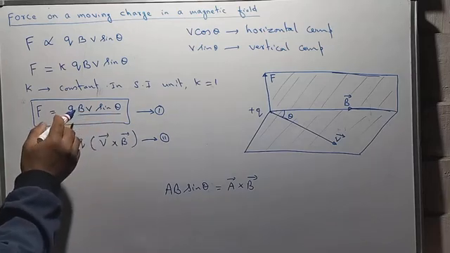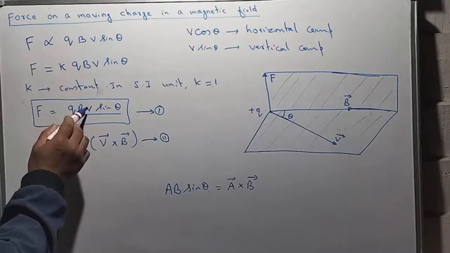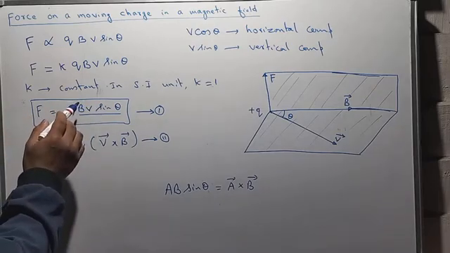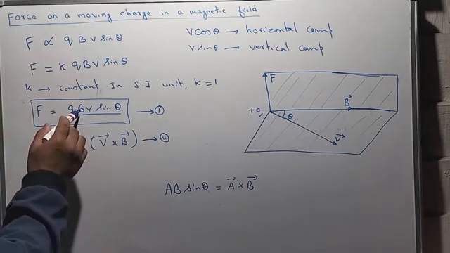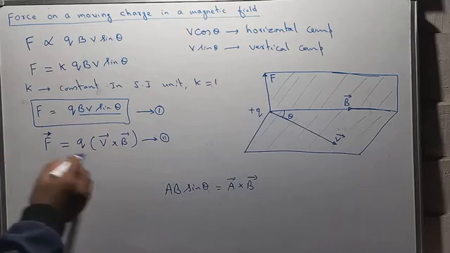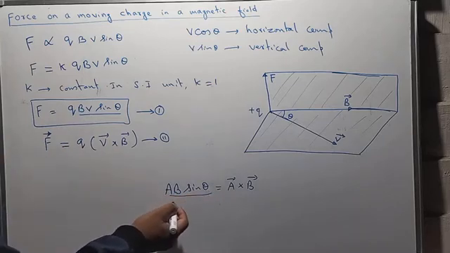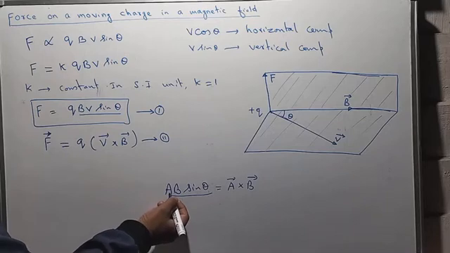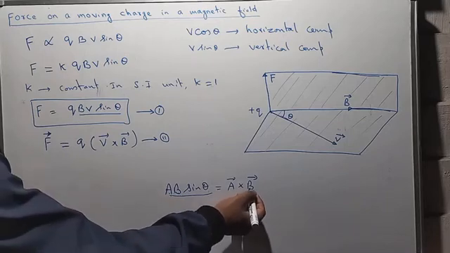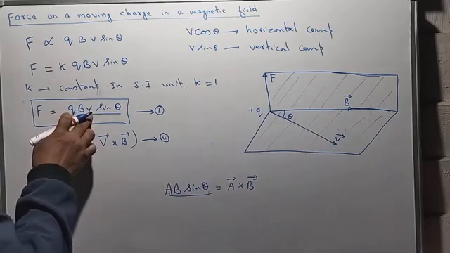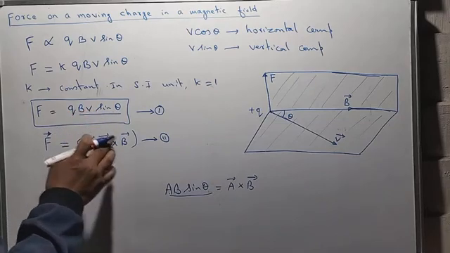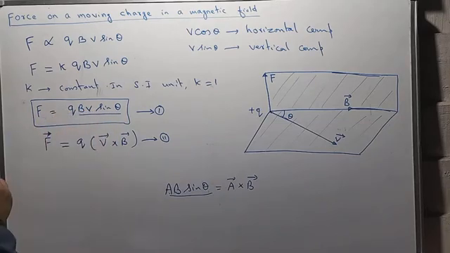So the cross product in this case, look at this equation, we have B V sin theta. Though here it looks like AB sin theta, first comes A and then B, so I write A cross B. But now this is B V sin theta. Actually, I could have written B cross V, but I write V cross B. Okay, why? What is the meaning?